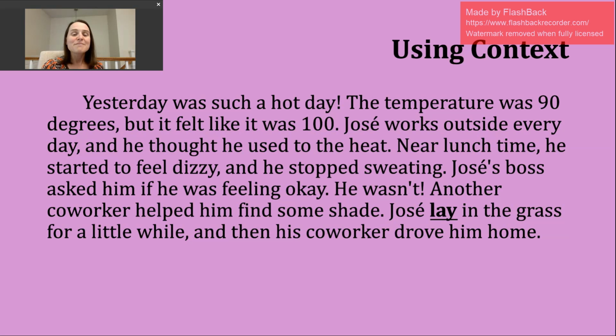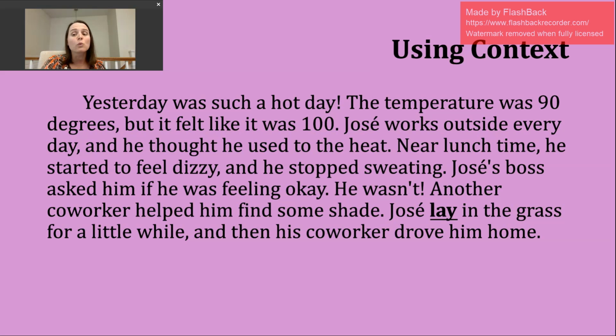So, this might be a pretty easy example. I've given you a lot of context. I started this passage with yesterday, so hopefully you're already thinking, simple past, simple past. But if we look at the sentence where I've underlined our verb, lay, Jose lay in the grass. There's no direct object. So this is a sign that it is the verb lie.